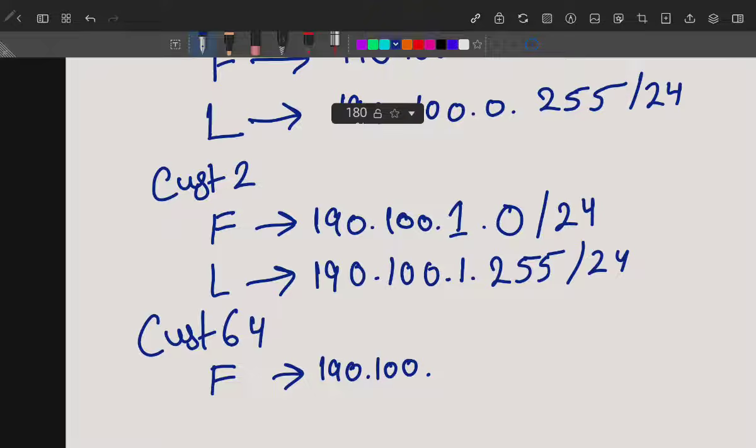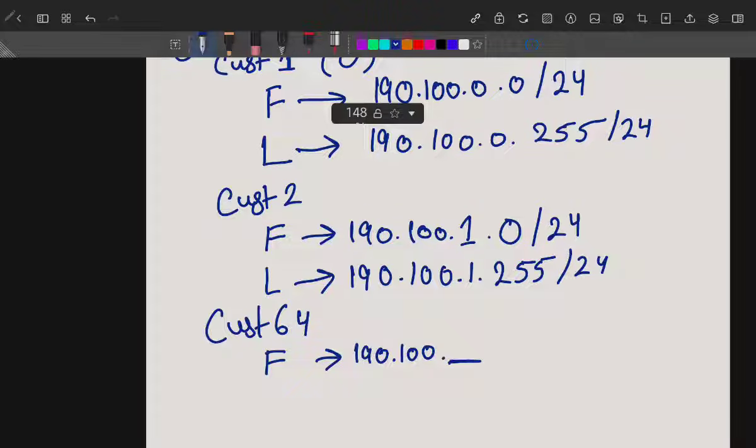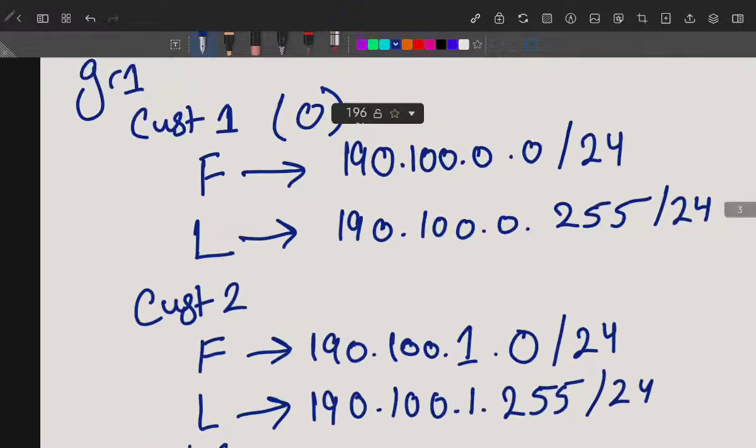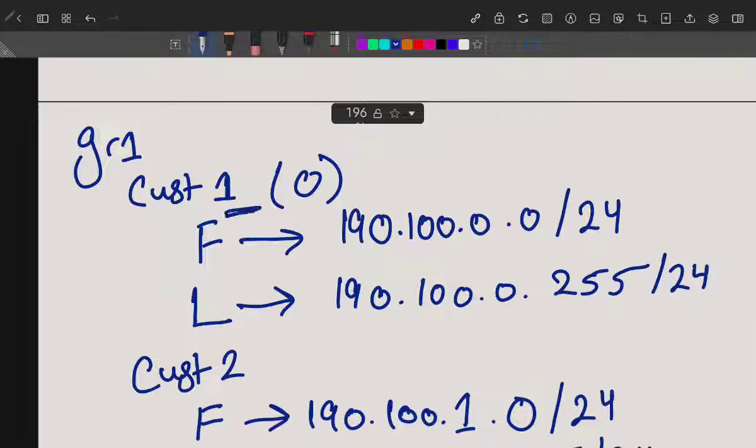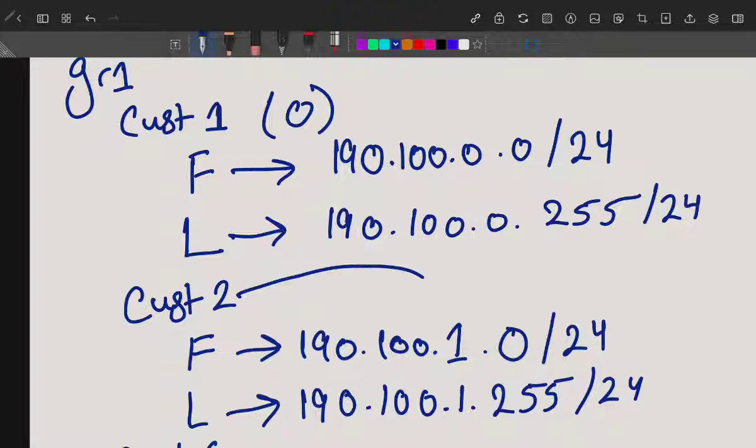So what is the number after this? There is a quick method here. For customer 1, notice that it is 0. For customer 2, notice the pattern that it is 1. So customer 2 in computer terms is number 1, and customer 1 is 0.